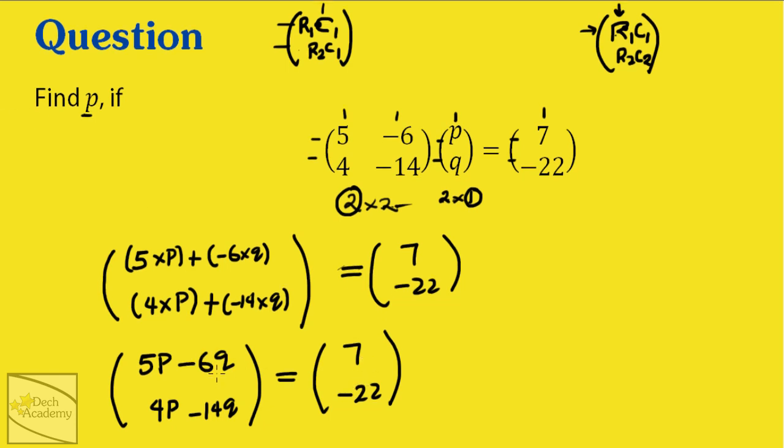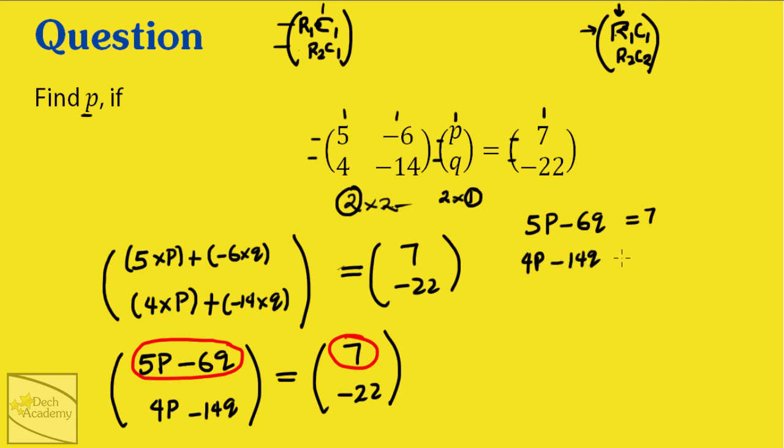So by comparing the elements in the matrices, because the matrices are equal, elements in the same position must be equal, you can say that 5P minus 6Q is equal to 7, and you can say that 4P minus 14Q is equal to minus 22. So we have simultaneous equations.